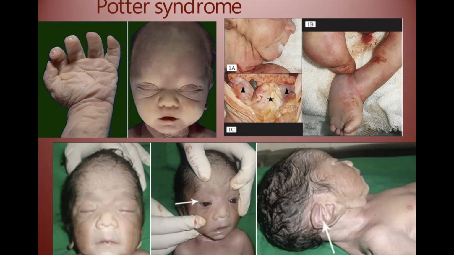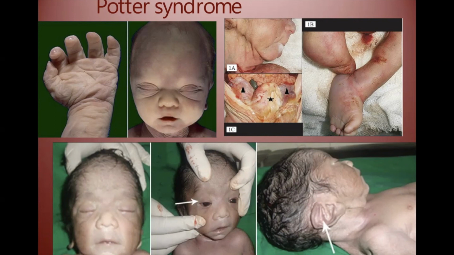Potter syndrome can also result from other conditions, including polycystic kidney disease, malformed or underdeveloped kidneys, and obstructive uropathy, in which urine cannot be voided from the bladder and builds up in the kidneys. Sometimes later during gestation, there may be amniotic fluid leakage.